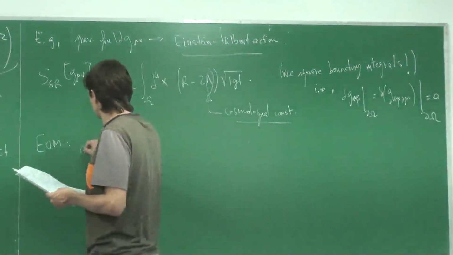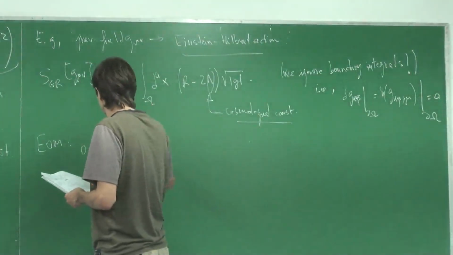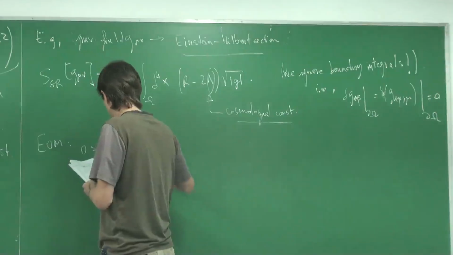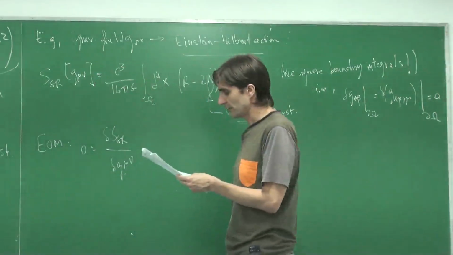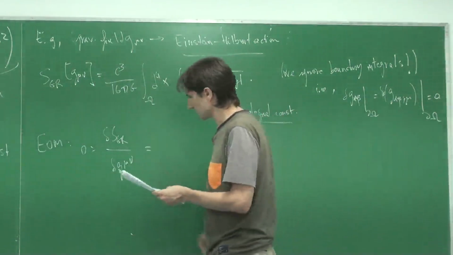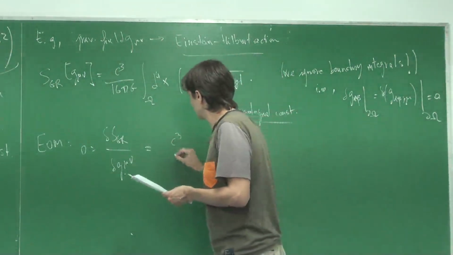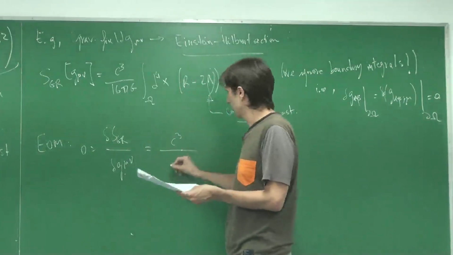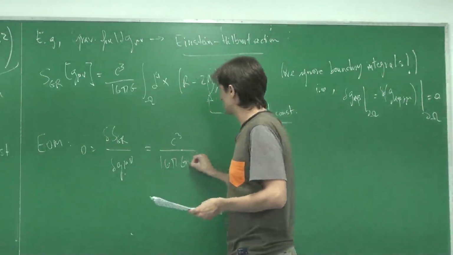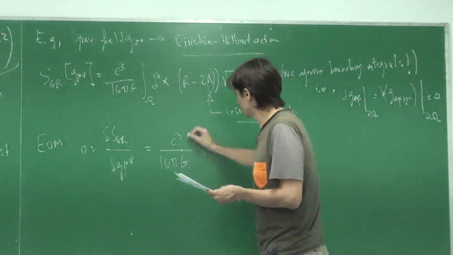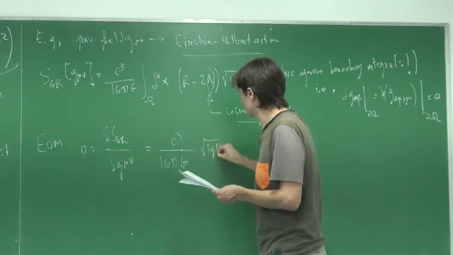So for the equations of motion, you want to take the functional derivative of the Einstein-Hilbert action, and you get... again, you can look this up in many books. This is a lot lengthier and more arduous than the one for the scalar field.